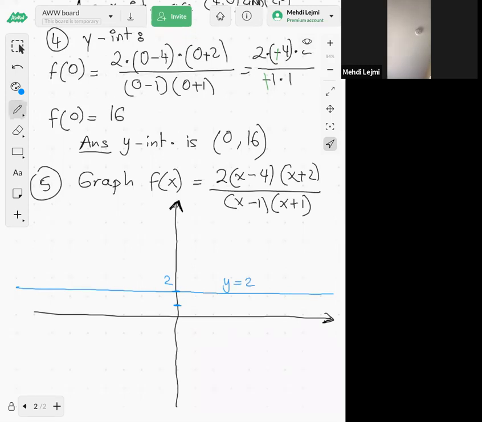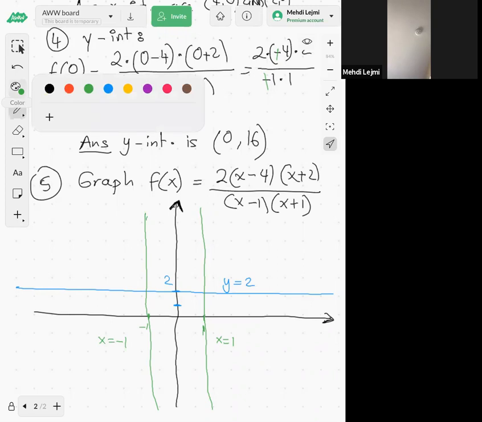Next, I need my vertical asymptotes. That's x equal to 1 and x equal to negative 1. So let's say this is negative 1, this is positive 1, and here are my vertical asymptotes. Now, we have to plot the x-intercepts. We have positive 4, so this is 1, 2, 3, and 4.